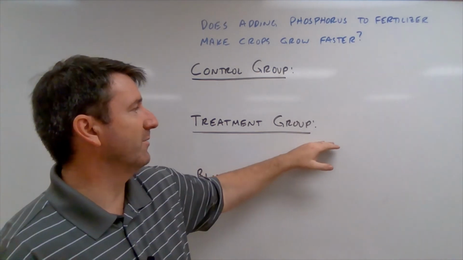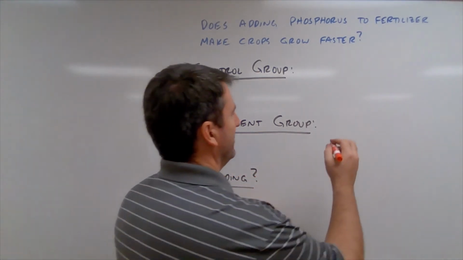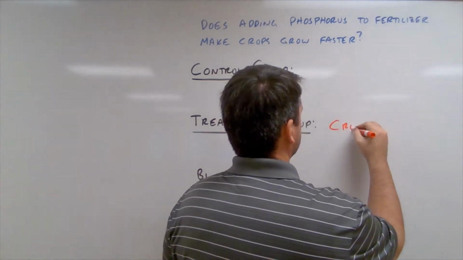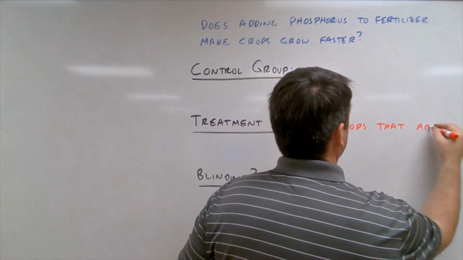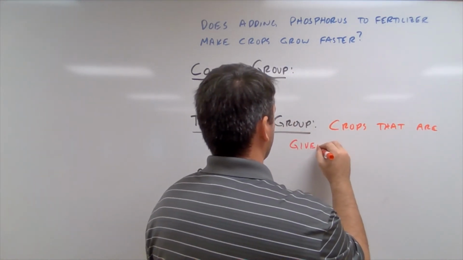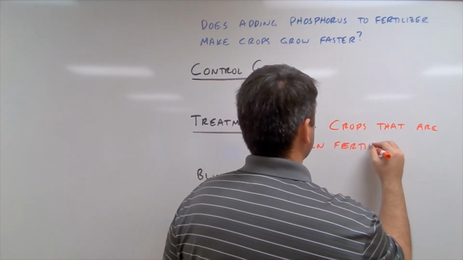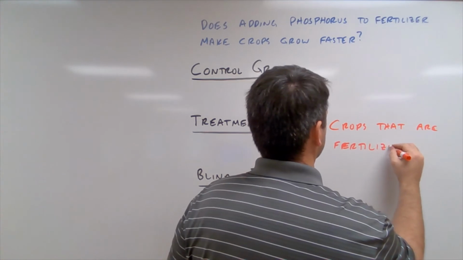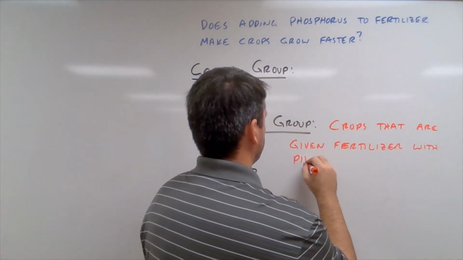So the treatment that we're wanting is phosphorus in our fertilizer. So the treatment group would be crops that are given fertilizer with phosphorus.